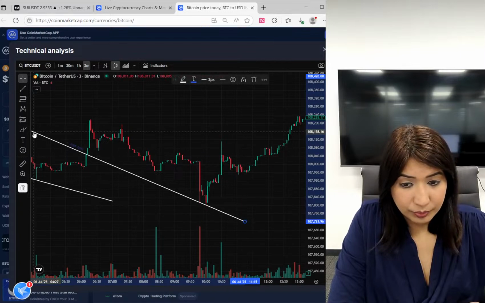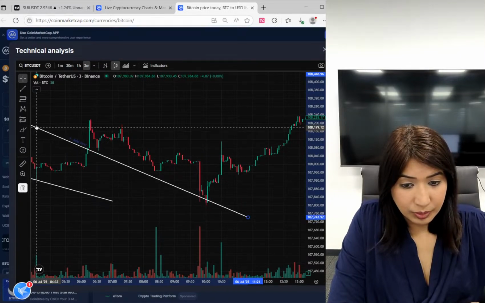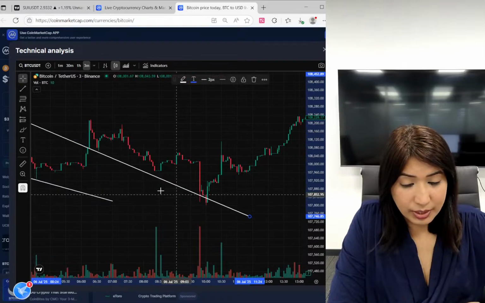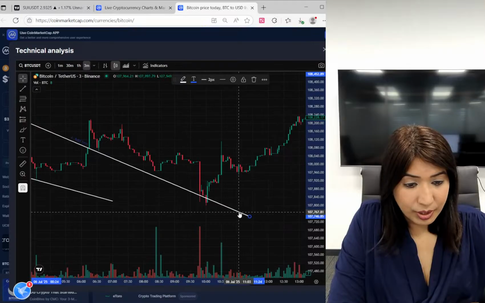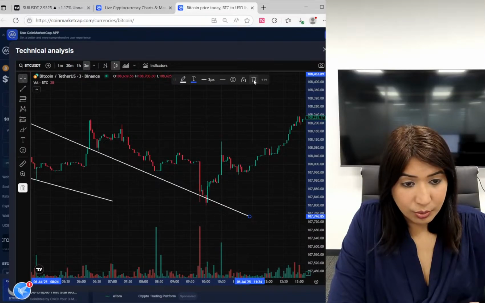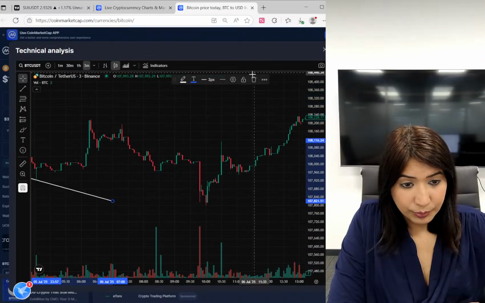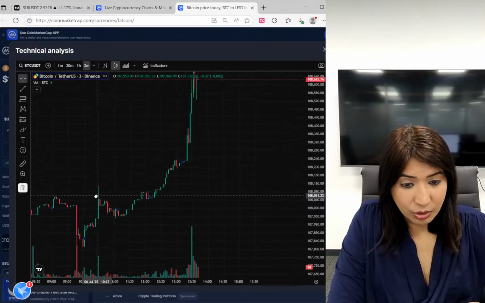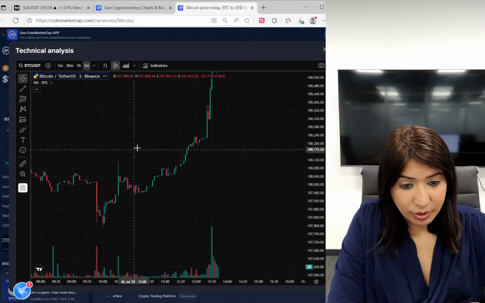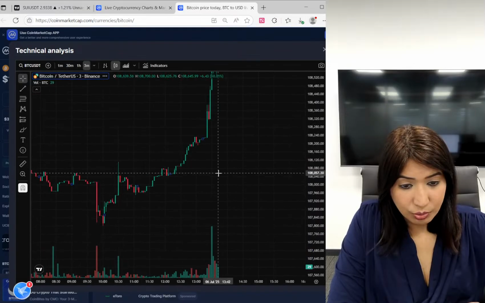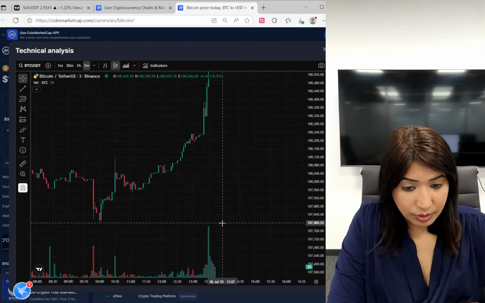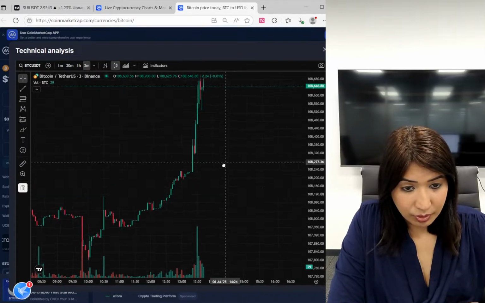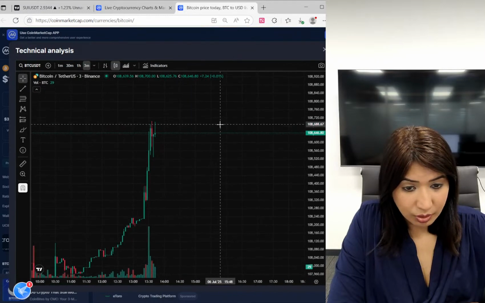This is what we can make from this. Then again from here it broke through, and you see how the trend is changing all the time. From here it totally shifted to an upward trend and it's still in the upward trend. It hit 107 and now it's at 108.